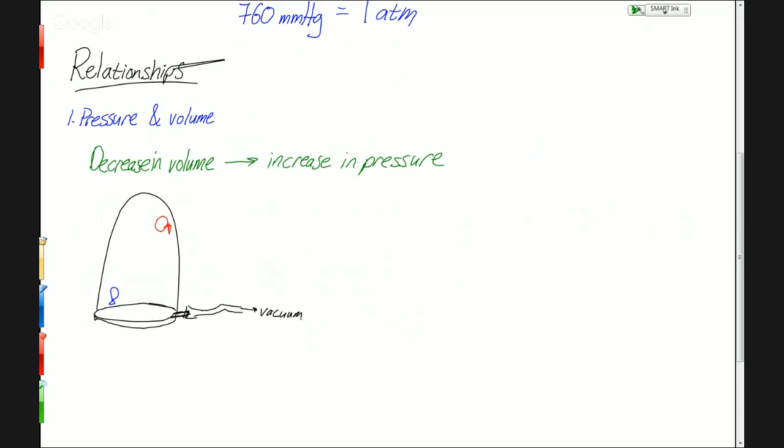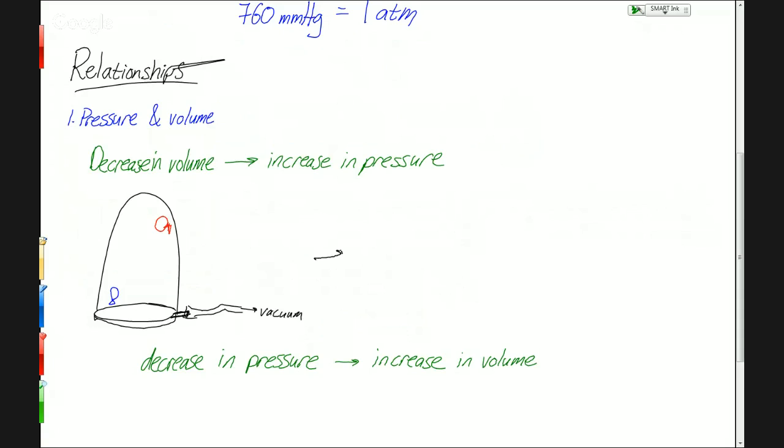So it's the opposite of what we just wrote there. Decrease in volume is increase in pressure. In this example, a decrease in pressure leads to an increase in volume.